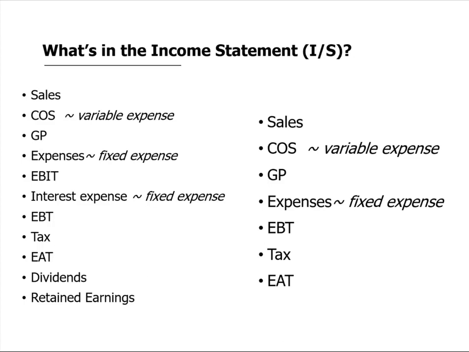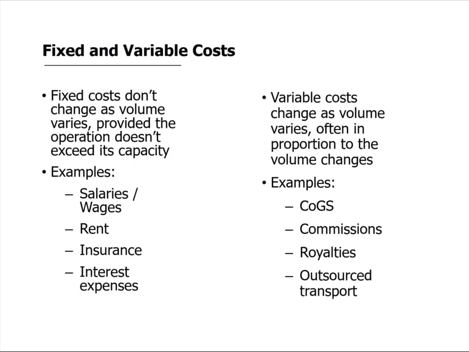Let's have a look at a few different types of expenses that fit these different classifications. So I've put a definition in here where the fixed costs don't change as volume varies, provided you stay within your capacity.